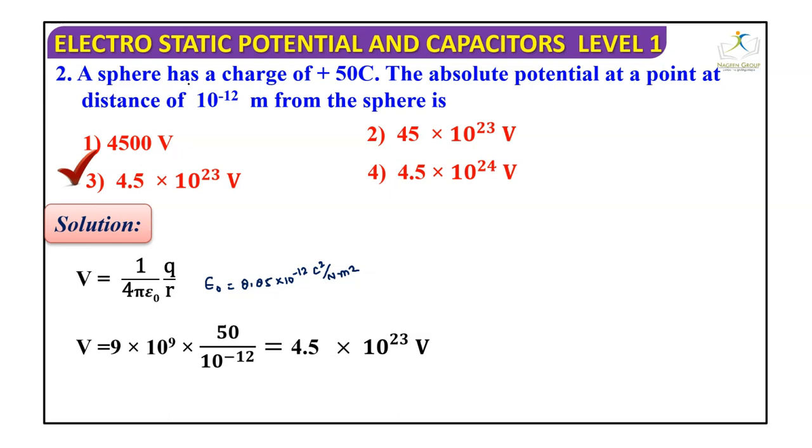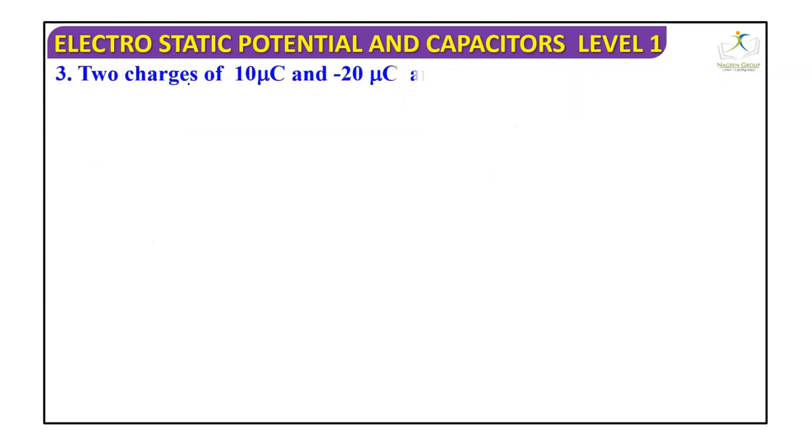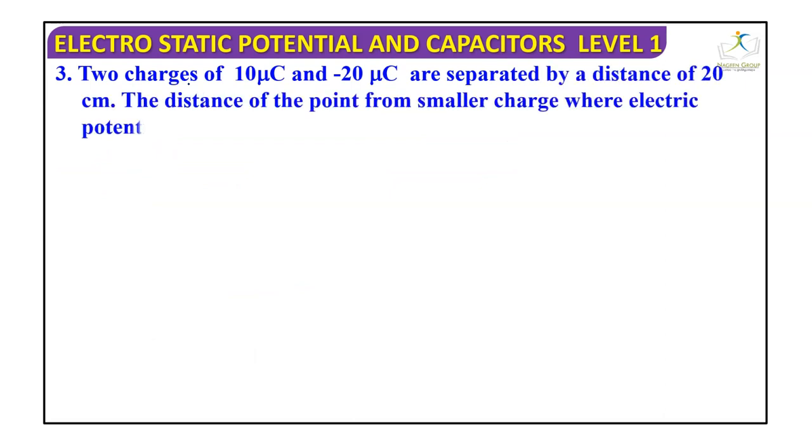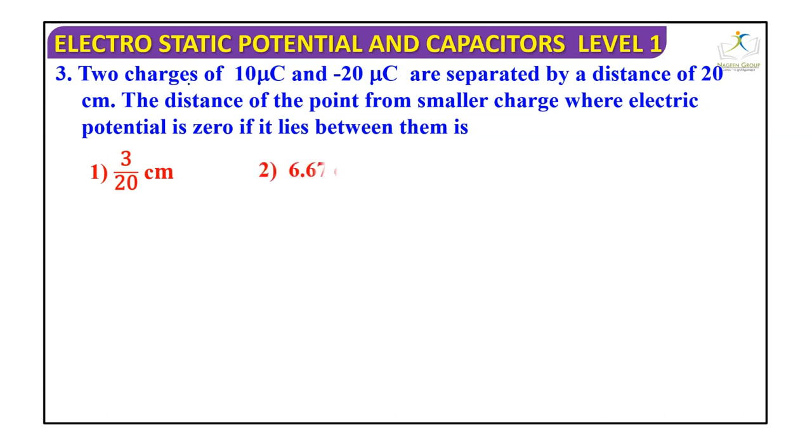3rd. Next question: two charges of 10 microcoulomb and minus 20 microcoulomb are separated by a distance of 20 centimeter. The distance of the point from the smaller charge where the electric potential is 0, if it lies between them, is 3 by 20 centimeter, 6.67 centimeter, 10 centimeter, or 16 centimeter.